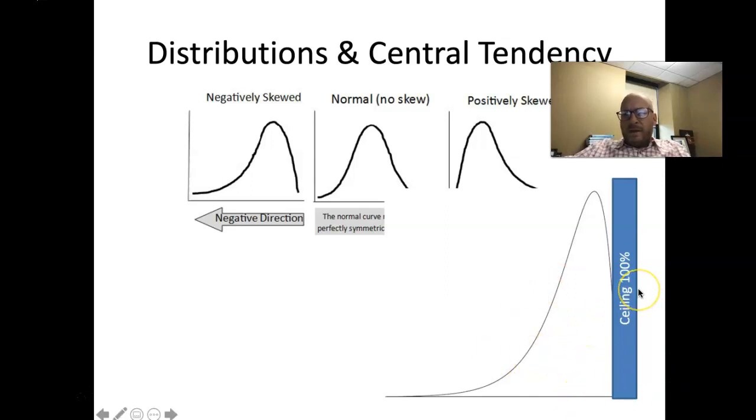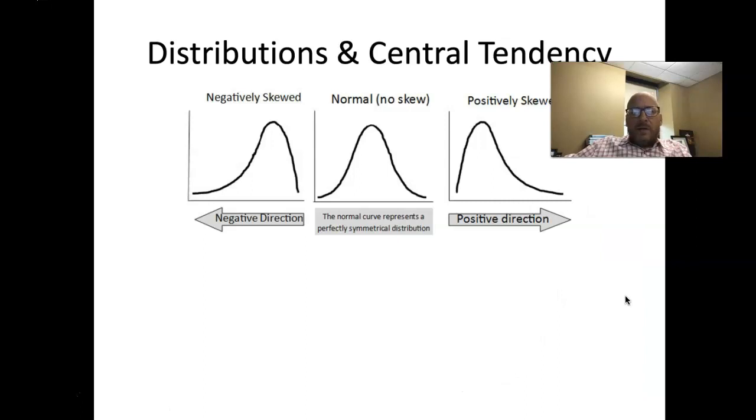And it's negative because nobody in this class can go over 100%. That's the highest score there is. And in addition to that, a lot of people got really close to it. So I would say that's probably a very easy test, and this ceiling right here is causing the graph to be negatively skewed rather than normal. So a lot of times that's the case where you would probably get a normal distribution if there wasn't something cutting it off, like the highest possible grade here.